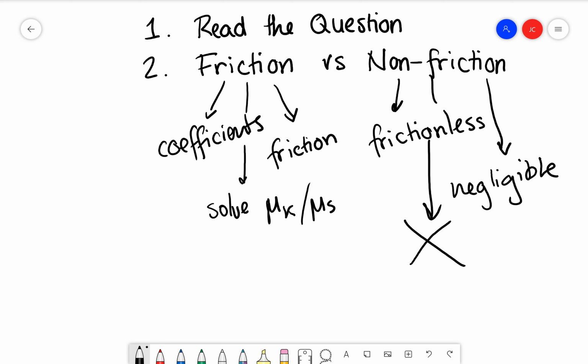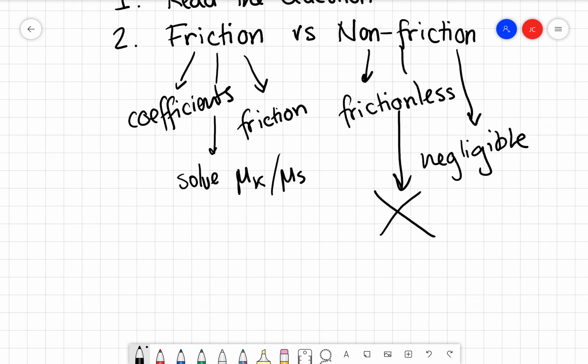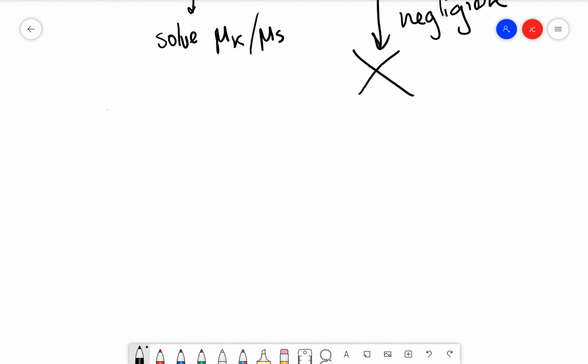On our specific test that we are doing, there is precisely one friction question and one non-friction question. So when you read the entire test, look over it, make sure you know which of the questions involves friction and which doesn't.